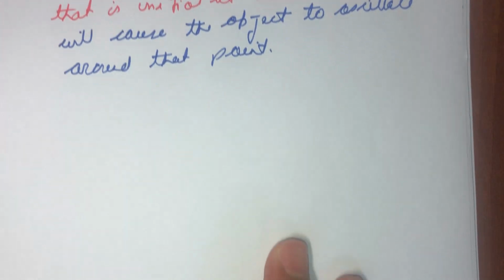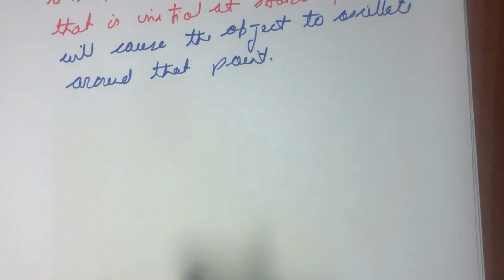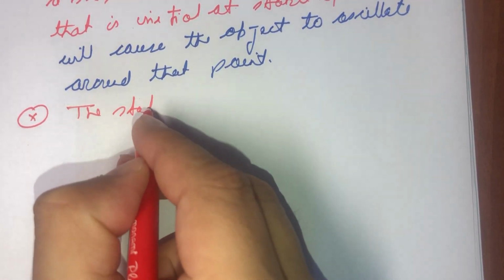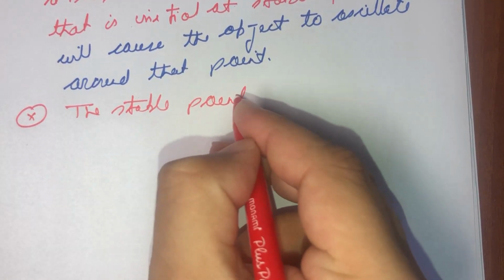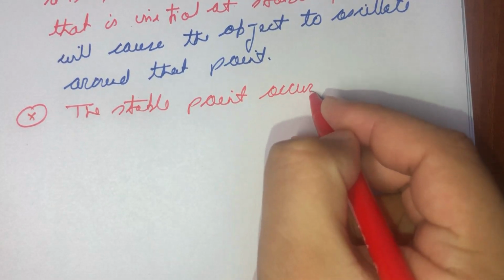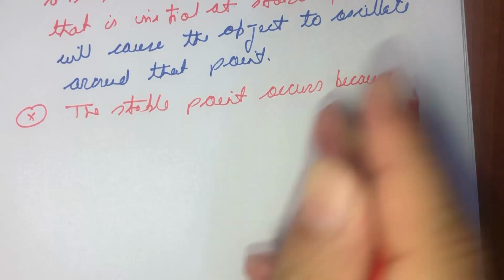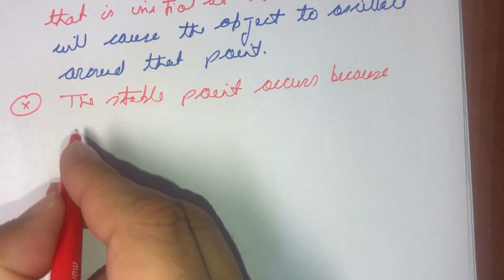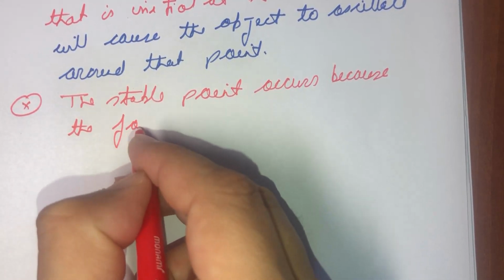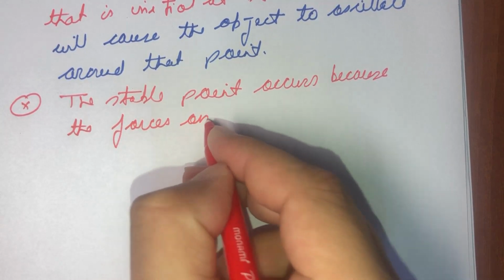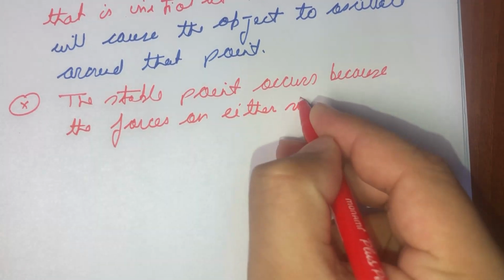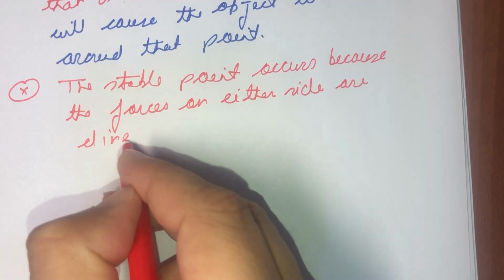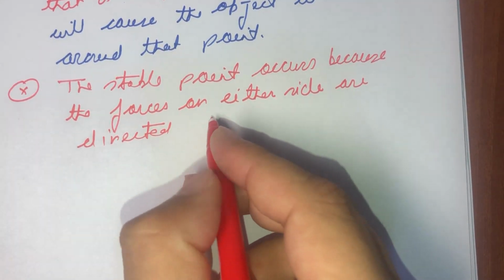So from here we can also draw another conclusion, that the stable point occurs because the forces on either side are directed towards it.